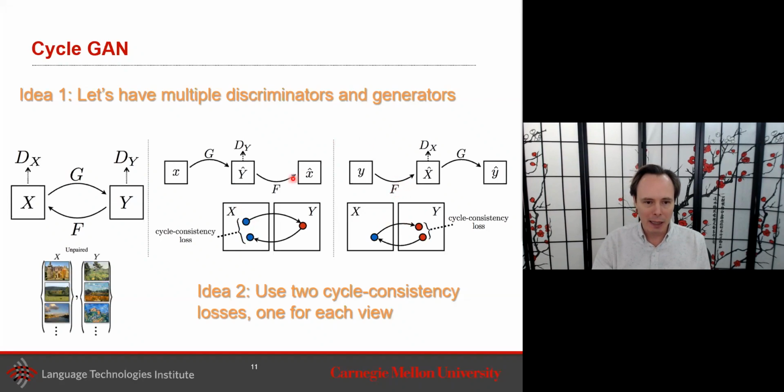By tying these together, I will be able to train both generators jointly. So I will be able to go from X to Y, and I will get for free the Y to X if I need that as well.